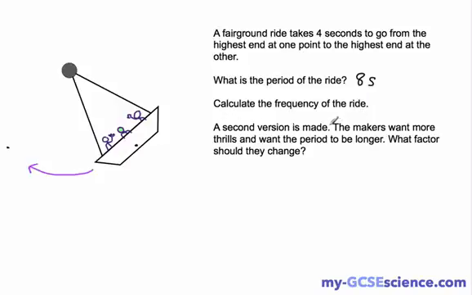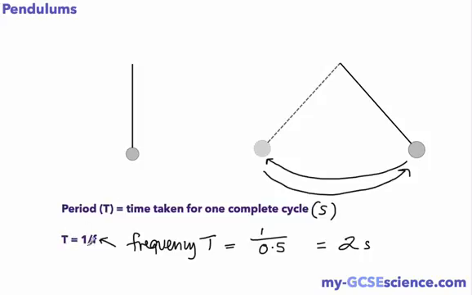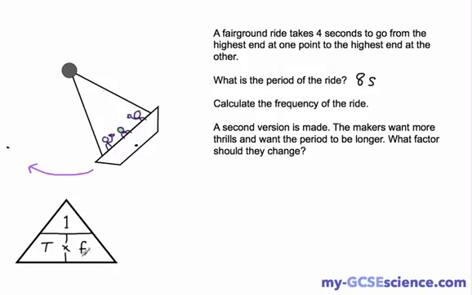Calculate the frequency of the ride. Now this is slightly more tricky, because our formula, remember from our previous page, is the period is 1 over f, so we are required to rearrange that, and you can do that by just remembering this formula triangle if you're not very good at rearranging.